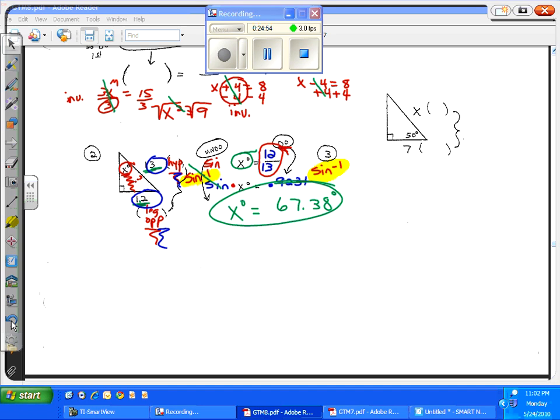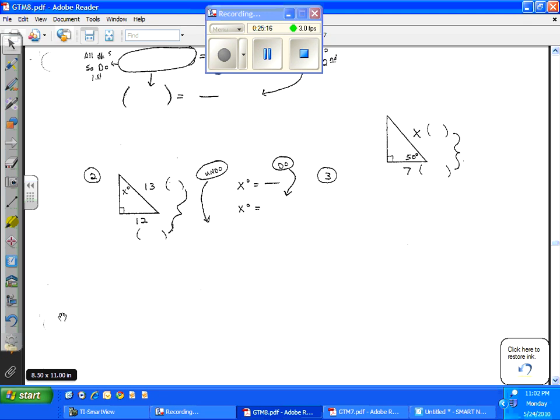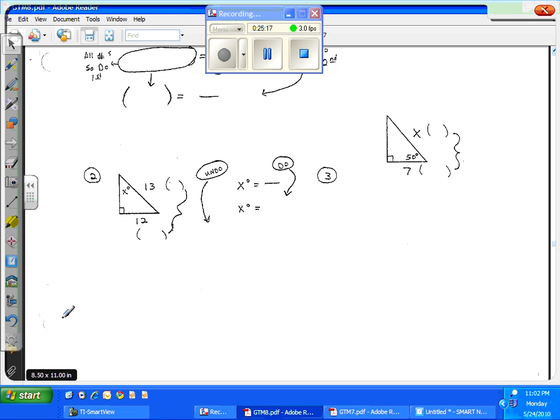So we can also use trigonometric ratios to find missing angles of right triangles if we have enough information. All right. Let's look at number 3. Where do we begin? We begin with the given angle.